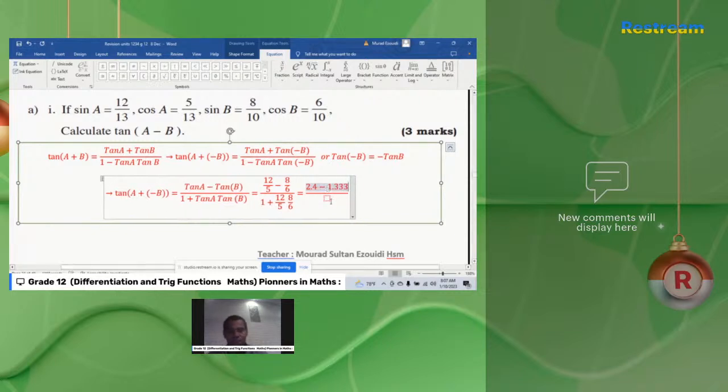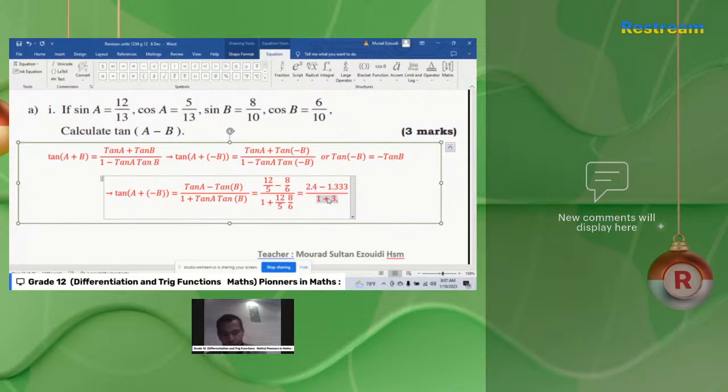Divided by 1 plus 12 multiplied by 8 divided by 30, it will be 3.2.